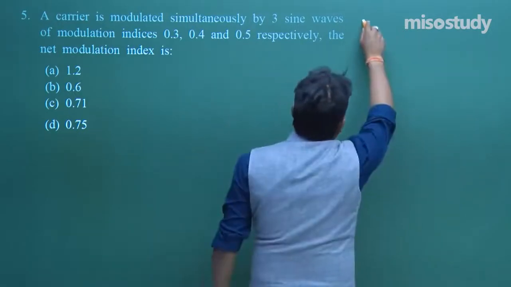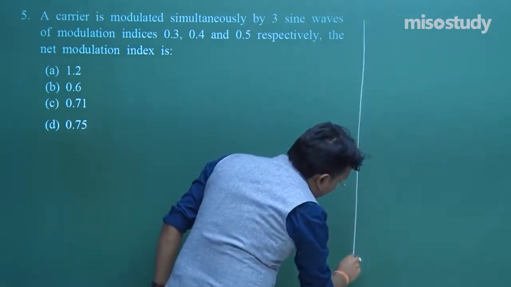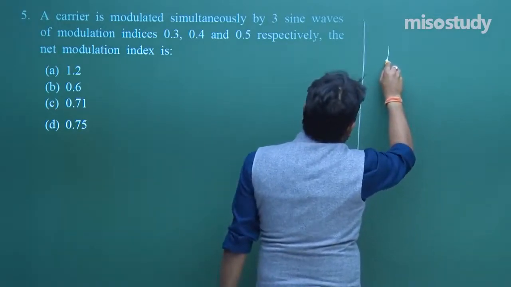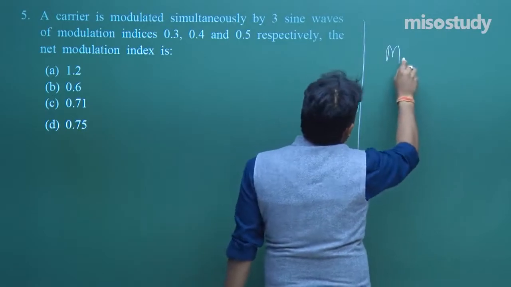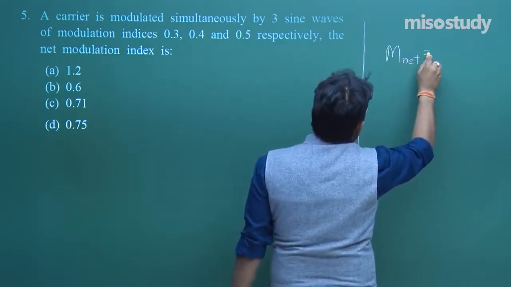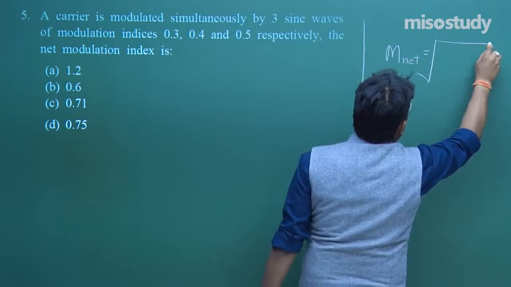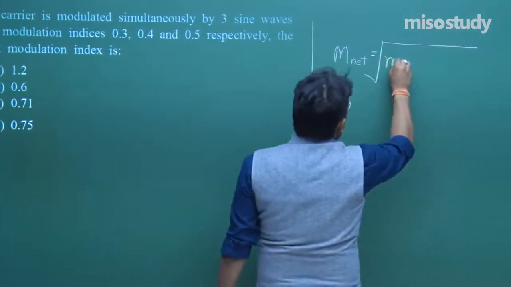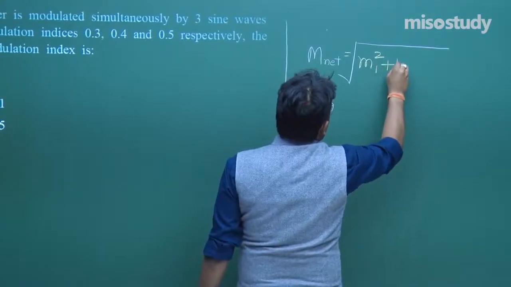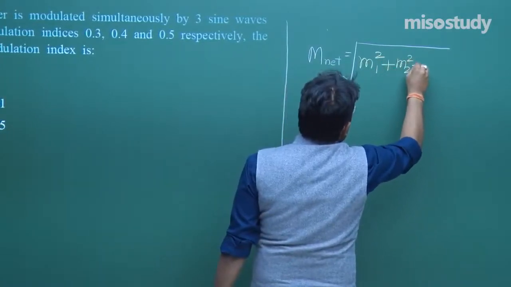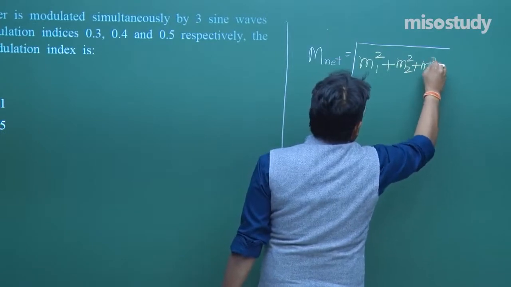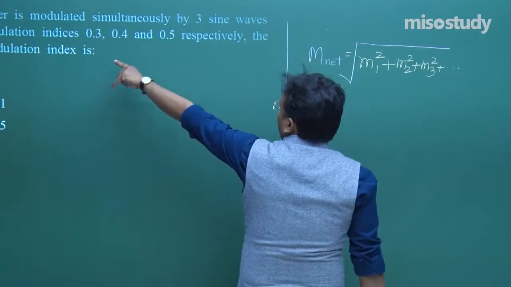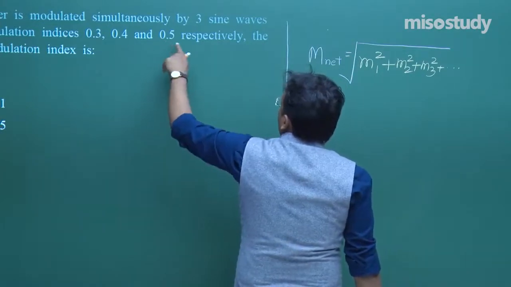So let me mention the formula over here, that is M, that is net modulation index, is equal to under root m1 square plus m2 square plus m3 square plus so on. Fine. Over here m1, m2, m3 are 0.3, 0.4, 0.5 respectively.